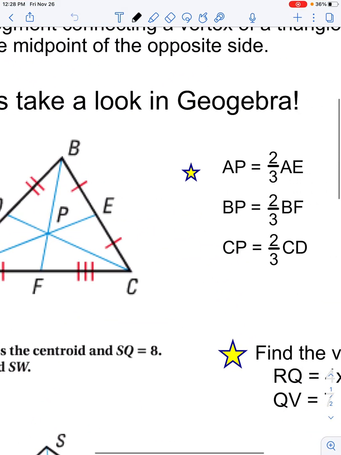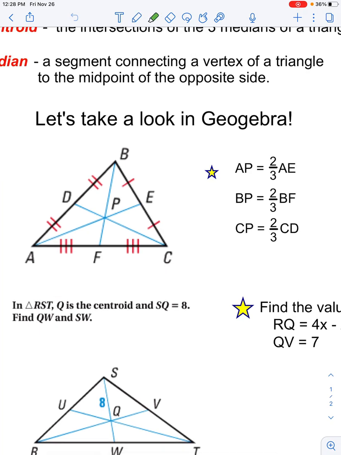If we jump back to our notes, that's what is shown right here: my big segment is 3/3, and my smaller segment is 1/3. So AP is 2/3 of the entire thing, and that leaves 1/3 as well.